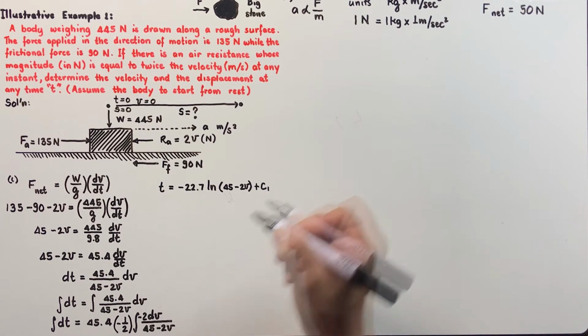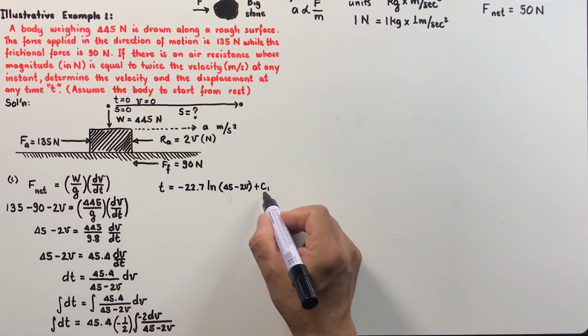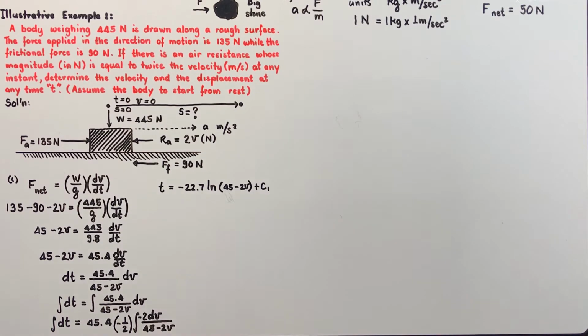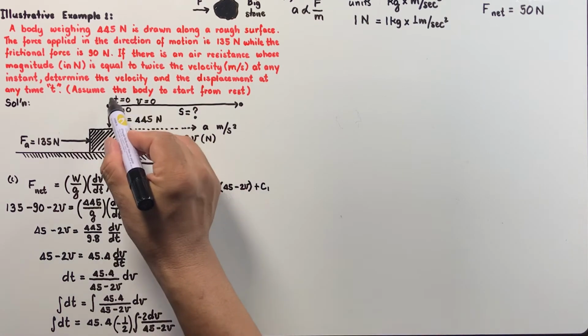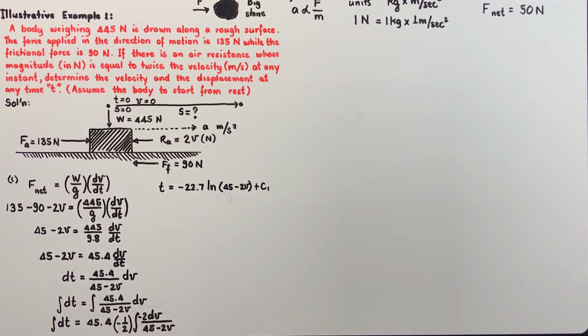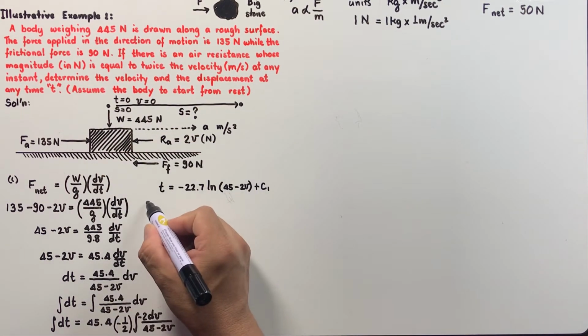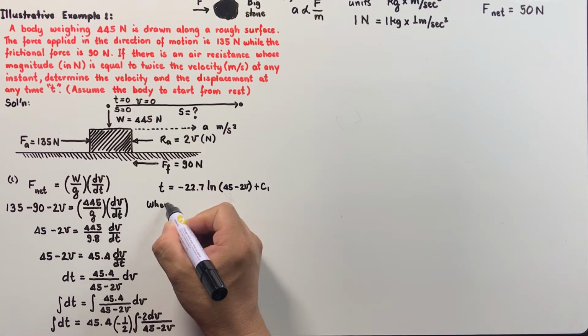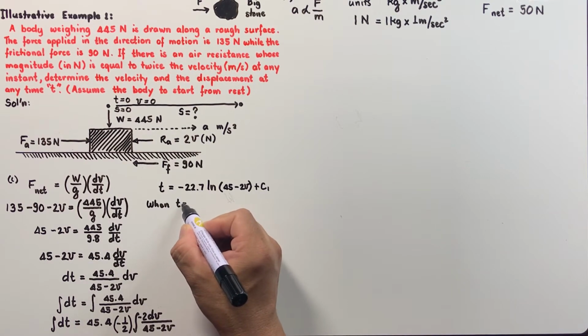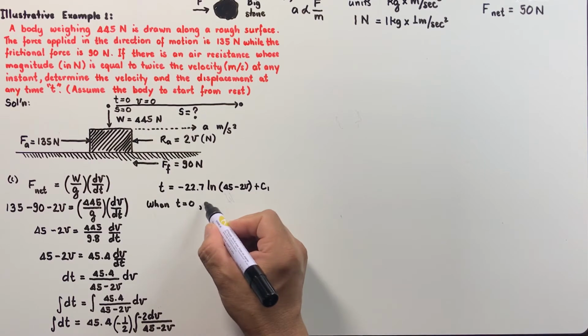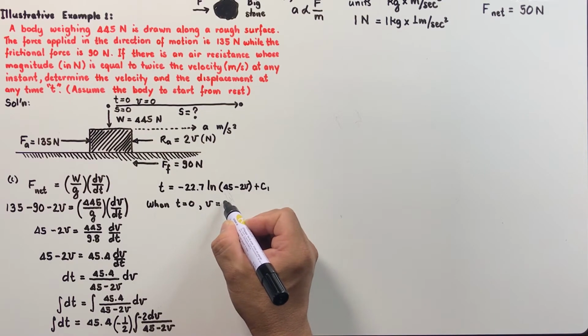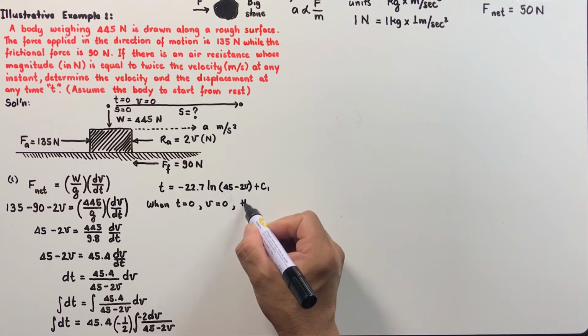plus the constant of integration c sub 1. But we can solve for this constant of integration if we use a boundary condition from the problem. And the boundary condition is the condition at the start. So this is the initial condition here. So when our time is 0, meaning at the start, the velocity is 0 because the object is not yet moving.